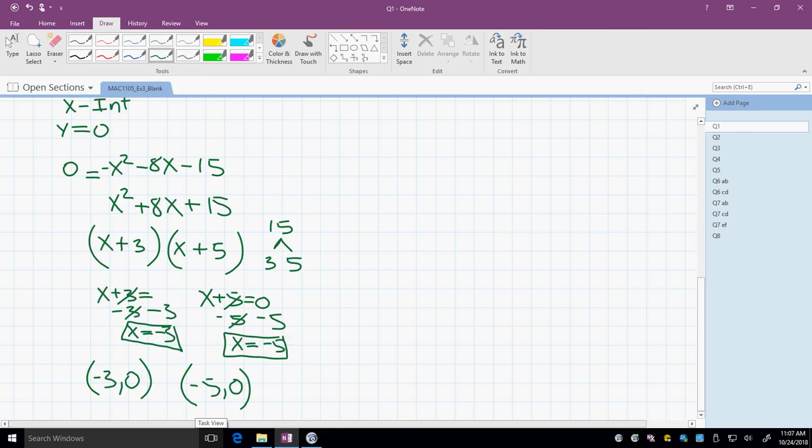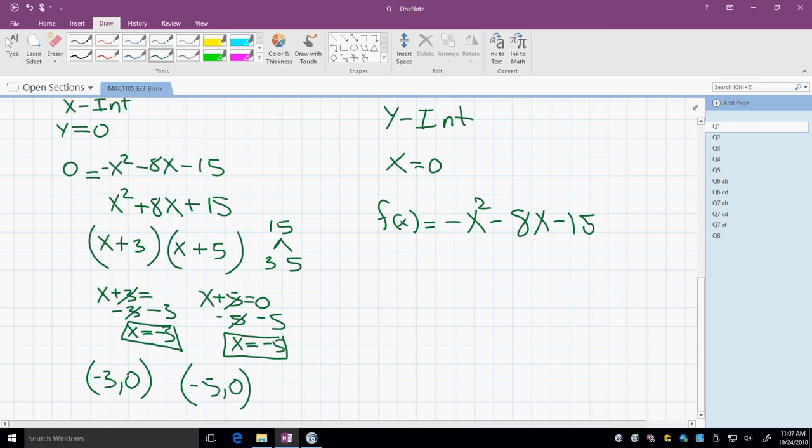Now we're going to look for the y-intercept. We're going to do the opposite. We're going to set x to be 0, and we have to write again the function. We have the function of x, negative x squared minus 8x minus 15.